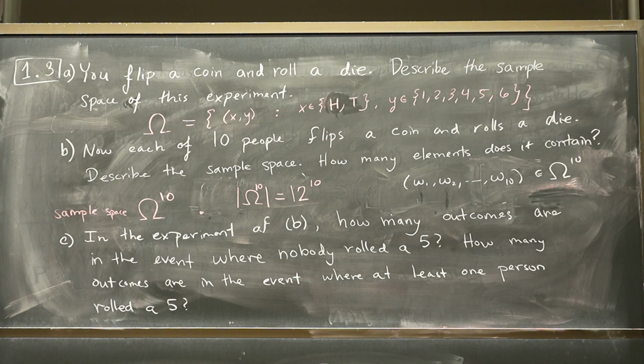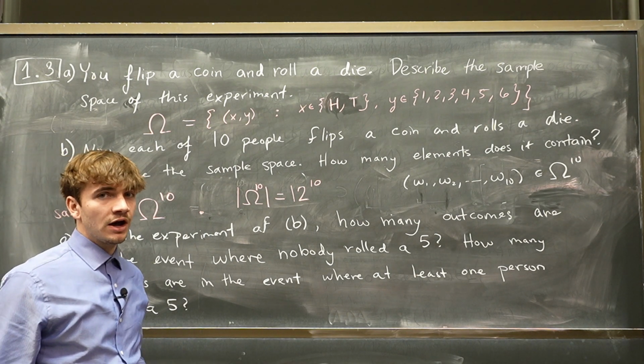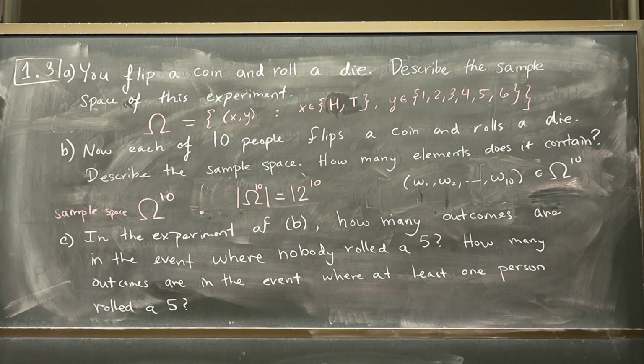Wonderful. So now, let's attack part C. In this experiment of part B, how many outcomes are in the event where nobody rolled a 5? Okay.